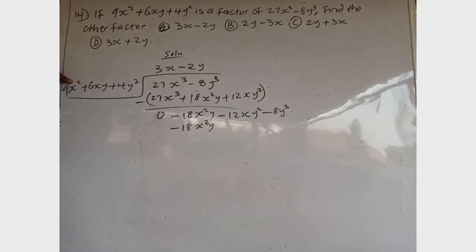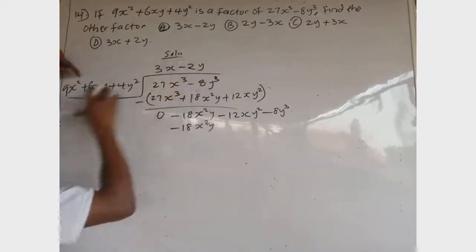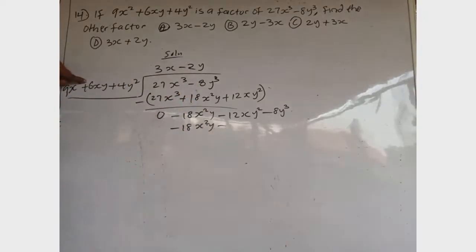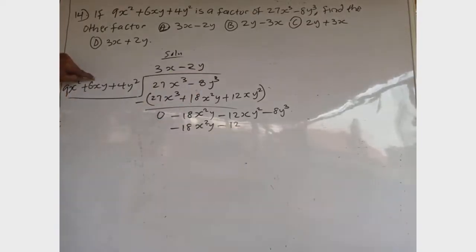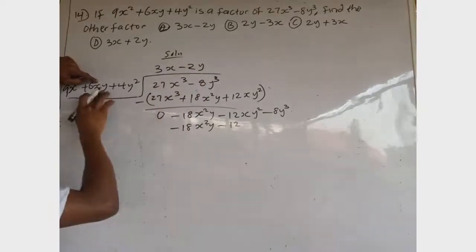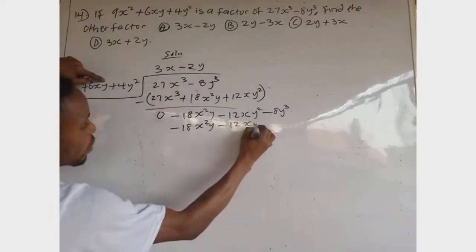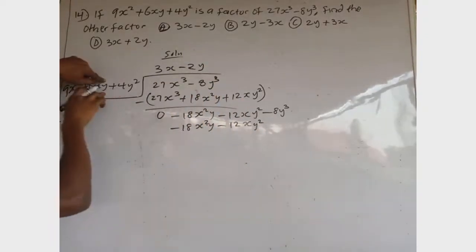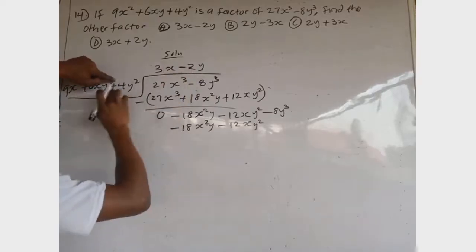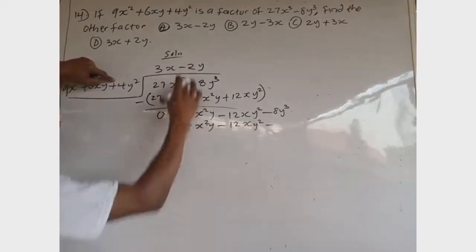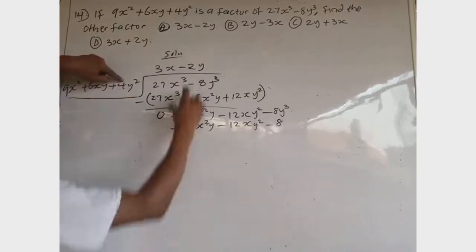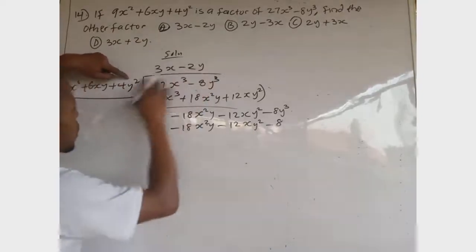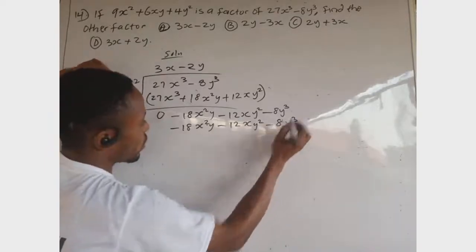Minus times minus, plus. 2 times 6 gives us 12. We have y times this, that gives y squared, here we have s y squared. Minus times minus here we have minus. 2 times 4 we have 8. y times y squared gives us y raised to power 3.